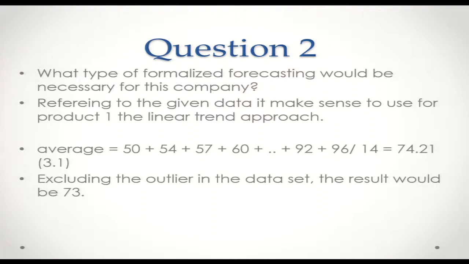At the beginning we used the average of the whole data and got 74.21, and that was too high because the usual trend was only 3 or 4. So we decided to take the average without the outlier and got 73, which was also too high.